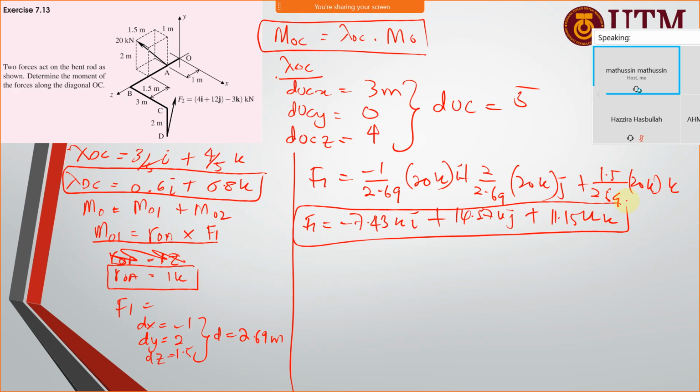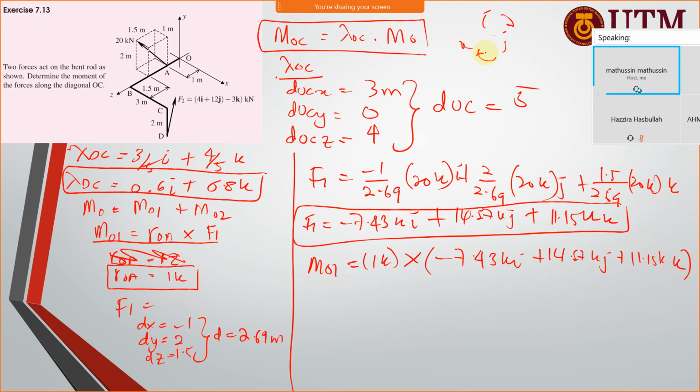Okay. Then once kita dah dapat F, dapatkan dia punya MO1 lah sama dengan 1k cross with -7.43 kN i tambah 14.87 kN j tambah 11.15 kN k. Okay. So k cross i sama dengan j.